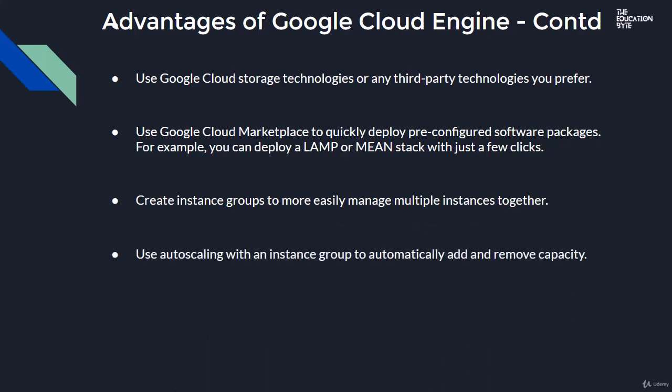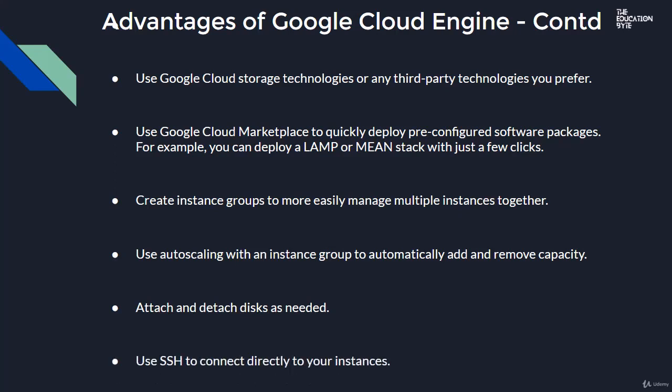You can use things like autoscaling with an instance group to automatically add and remove capacity as necessary on the fly, so you don't need to scope the entire scale upfront. You can start small and then increase, or alternatively, you can reduce capacity as well. And you can attach and detach disks as needed to add or remove storage. And you can also use SSH to connect directly to your instances.